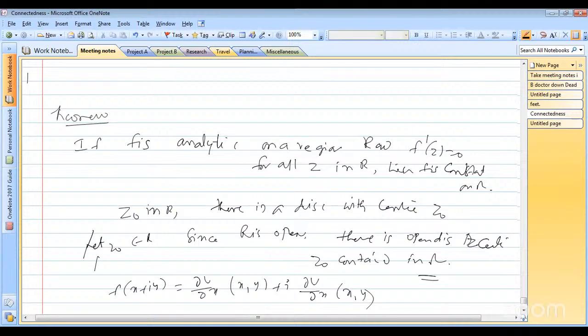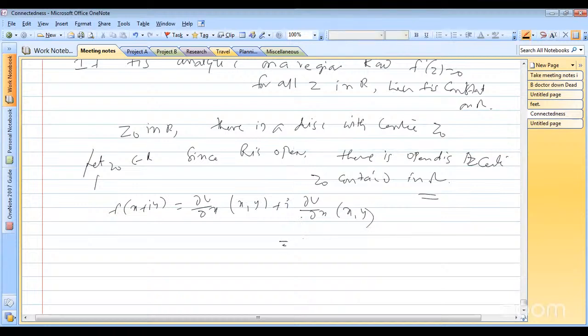See here what we are taking. Dou u by dou x of x comma y plus i times dou v by dou x of x comma y. Again we know that this is dou v by dou y of x comma y minus i times dou u by dou y of x comma y.